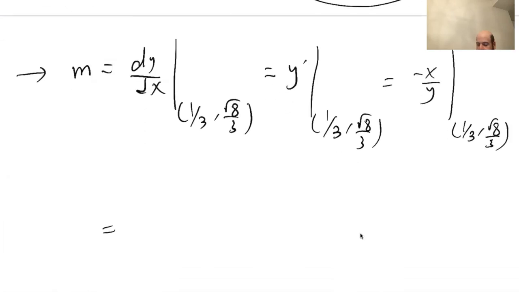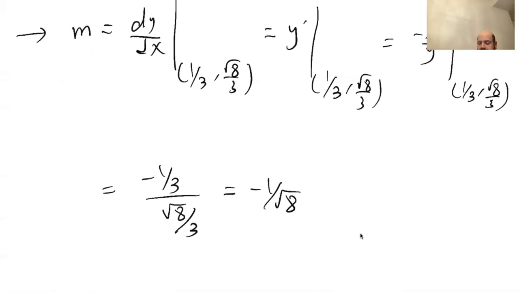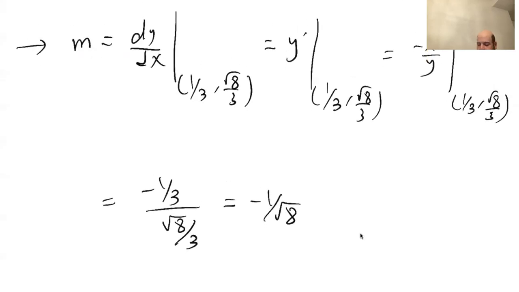And that's going to be minus 1 over 3 divided by root 8 over 3. The answer is minus 1 over root 8. So this is the slope, minus 1 over root 8.